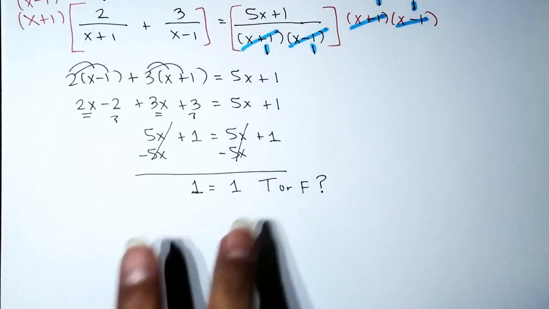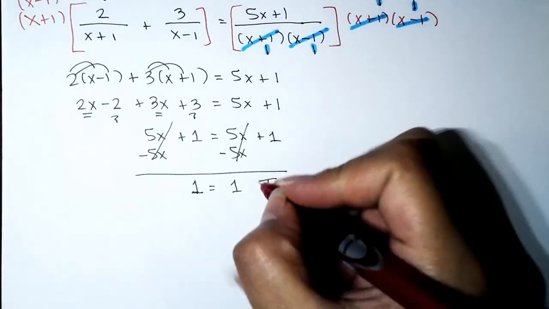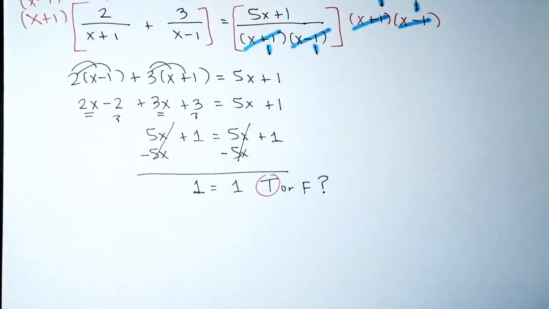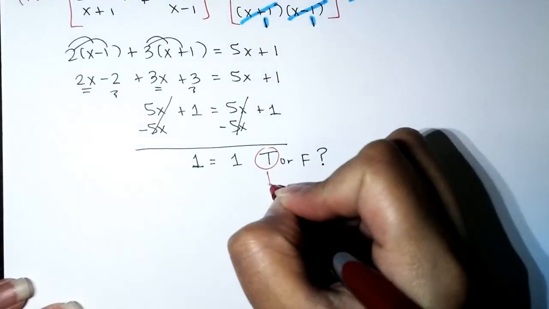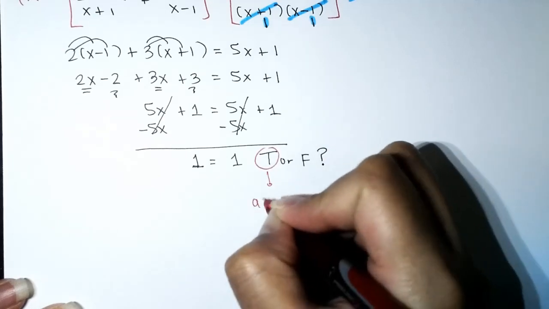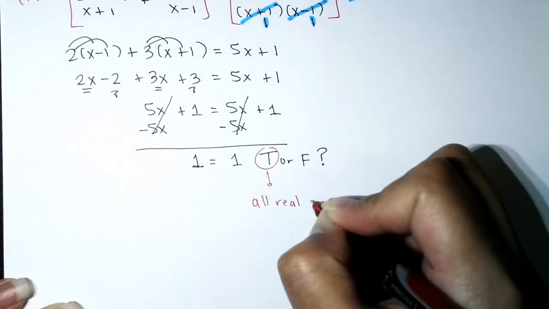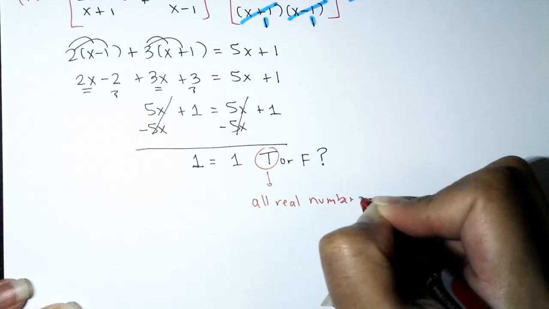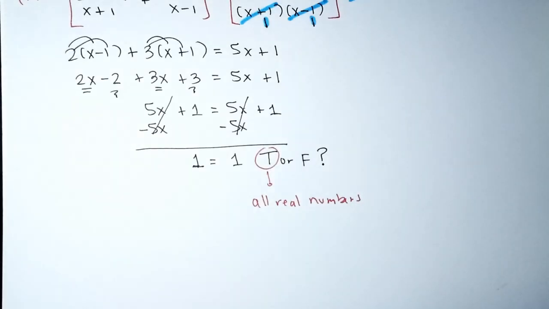So I'm going to circle it. Since the variables canceled out and we ended up with a true statement, that means the solution is given by the set of all real numbers. And I want to box those words, all real numbers. But remember in the beginning that we had some restrictions on the variable.